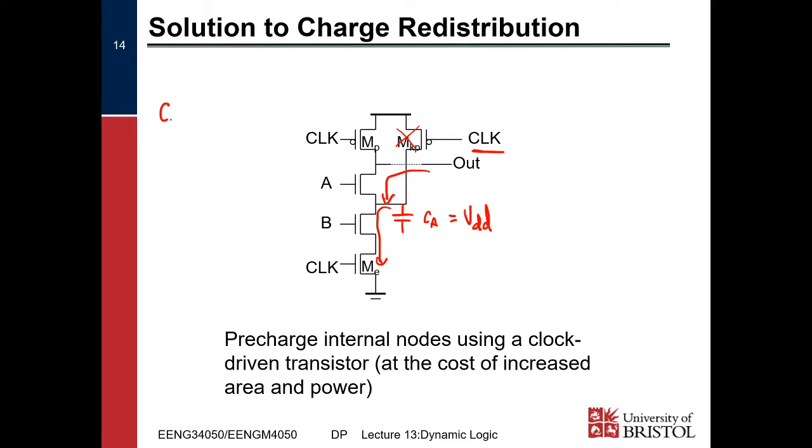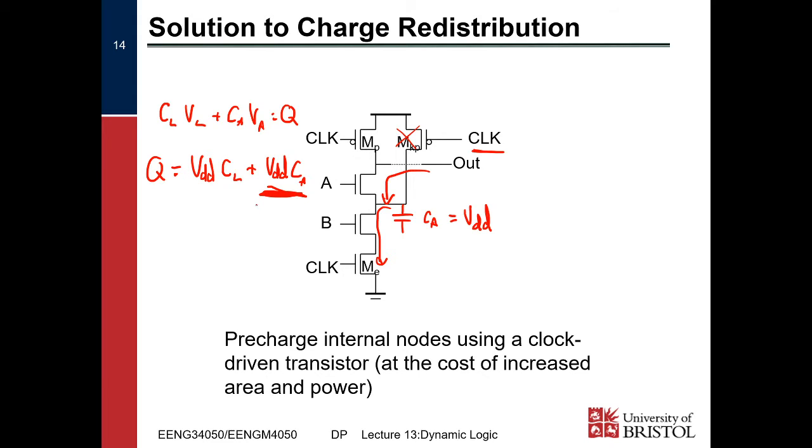So afterwards we've got CL VL plus CA VA equals Q, but Q from before is now VDD CL plus VDD CA, right?